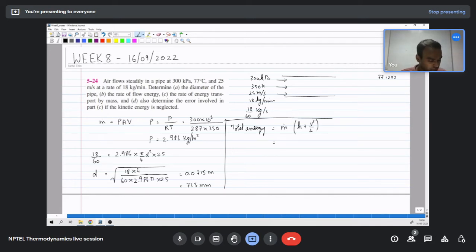Here h is equal to Cp into T. Cp value we know is 1005 joule per kg Kelvin for air. m dot is 18 by 60, and h is Cp into T, which is 1005 into 350, and for the kinetic energy we have V square by 2, which is 25 square by 2. So this way we can calculate the total energy.